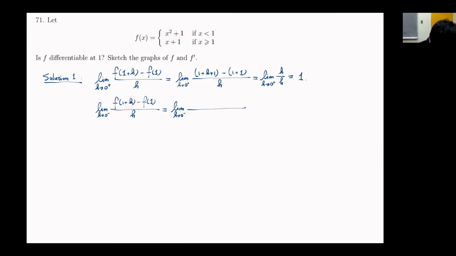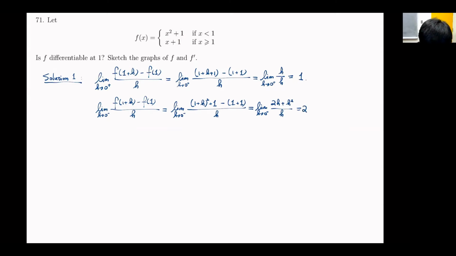So f of 1 plus h in this case will be 1 plus h squared plus 1. And f of 1 will still be 1 plus 1, because for f of 1 we are supposed to use this formula over here. All right, so that's what we have, and I will skip the computation, so you do the computations by yourself. What you will get in the numerator is 2h plus h squared, divided by h. You compute this limit and you will get the number 2.